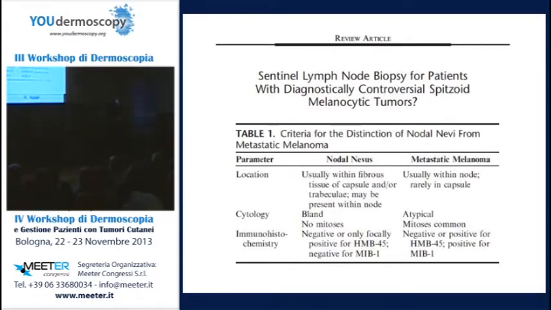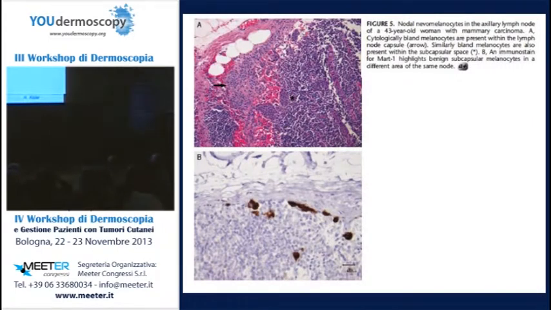Now, there are again some rules to differentiate nodal nevi from metastatic melanoma, but you can see again, this is highly subjective. And if you have the question benign or malignant, you again have to rely on highly subjective data, and it's not sure whether you can truly differentiate between nodal metastasis and nodal melanocytes from a nevus. For example, this is a lymph node from a patient with breast cancer.